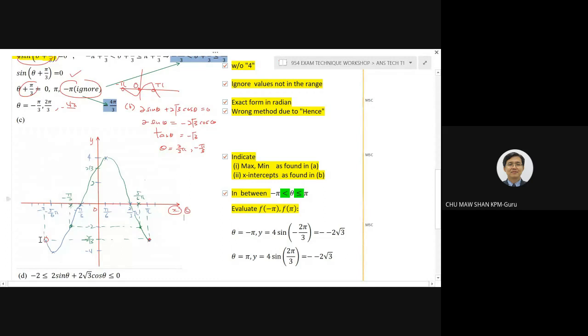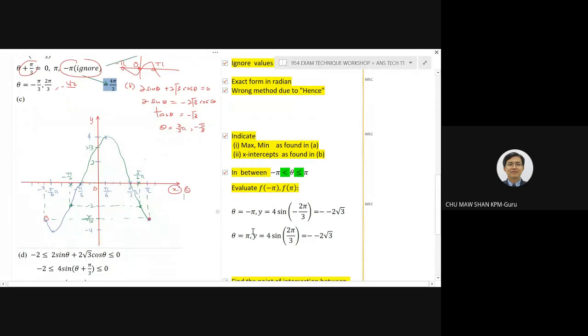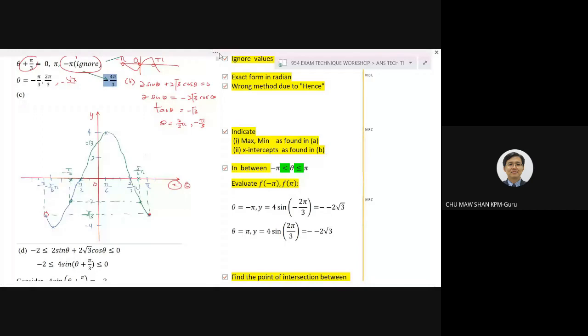That's why here you see you must indicate clearly that this point is not included. But this point is a full dot. This point, pi, is inclusive. You have to show the difference between these 2 points. You cannot find their y otherwise. That's why you have to do the working here.